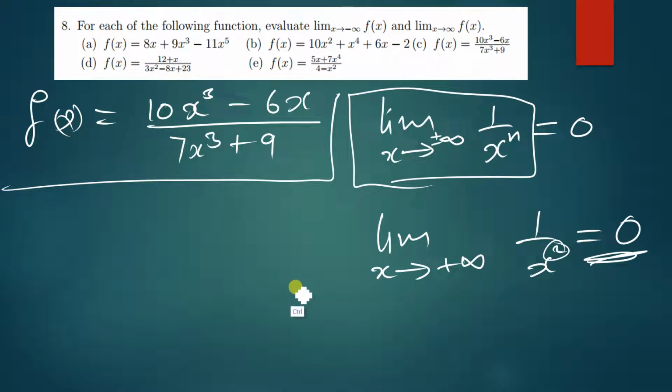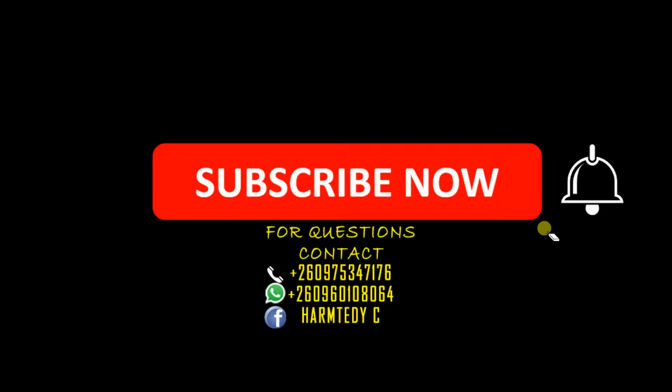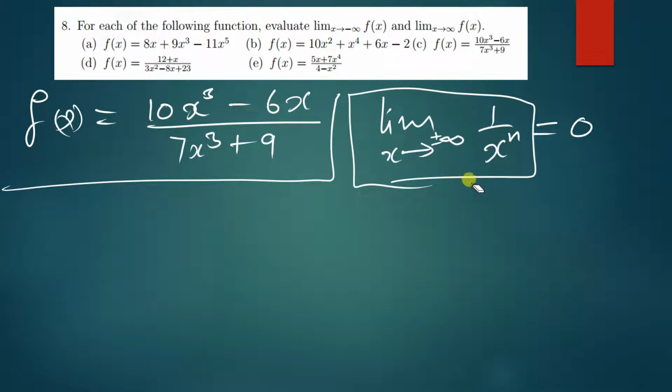So let us apply the same principle to solving the given question here. Finding the limit of f of x as x is approaching positive infinity. Okay, let me just do it bit by bit.